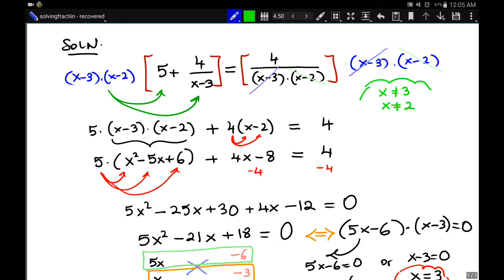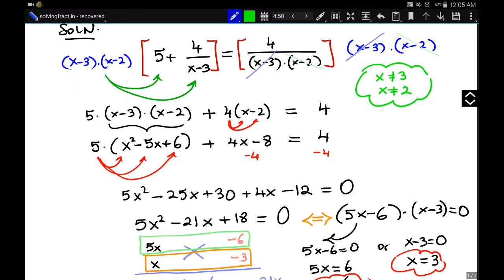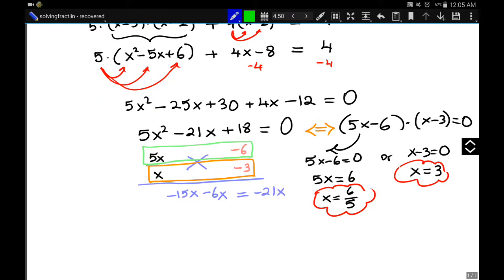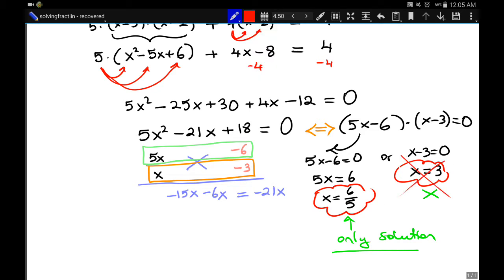This is important because otherwise we wouldn't be able to multiply both sides by these factors if they were 3 and 2. The denominator becomes 0 then. So since x can't be 3, this can't be a solution. This is the only possible solution here. So we have to eliminate x equals 3 from the beginning.